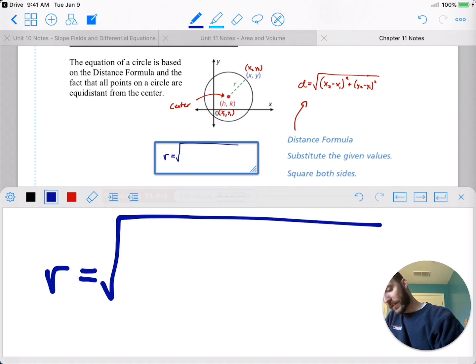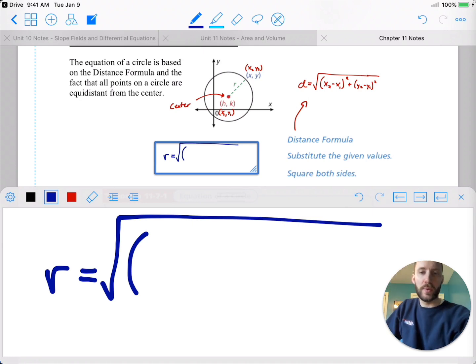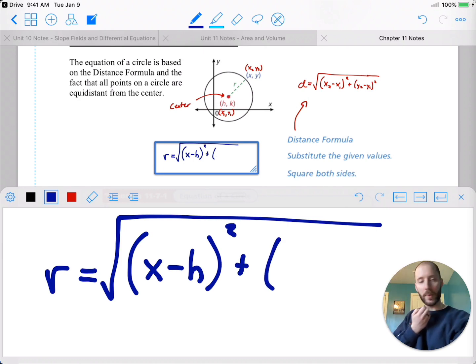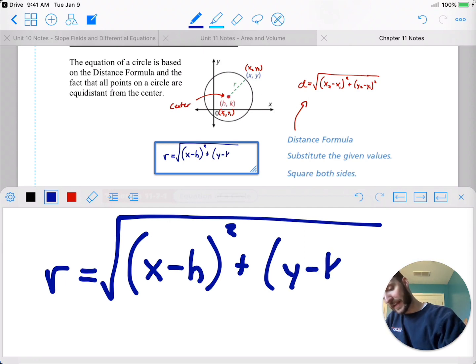And instead of x1 and x2, we have x and h, so x minus h. And instead of y2 and y1, we have y and k, so y minus k.